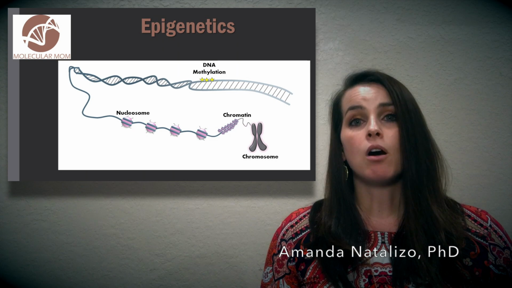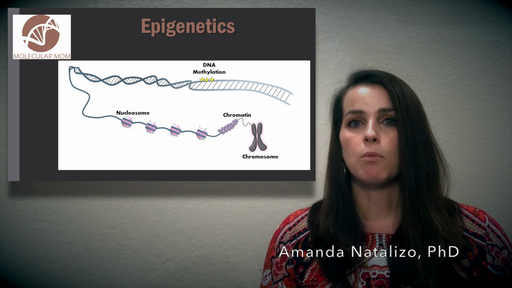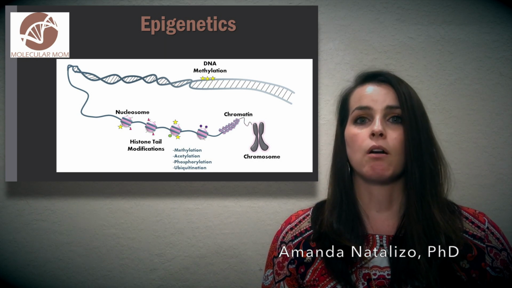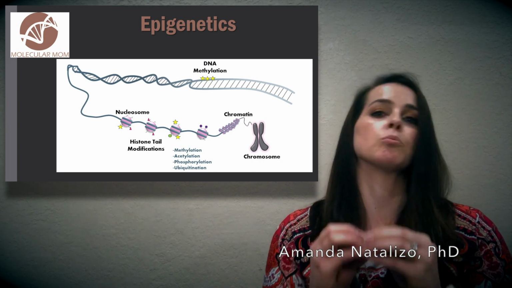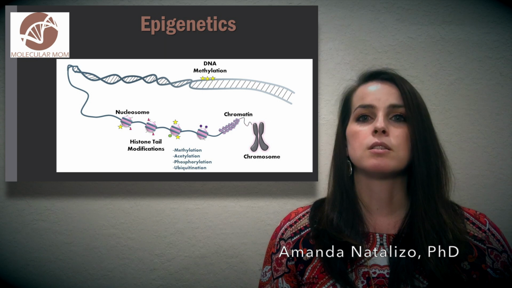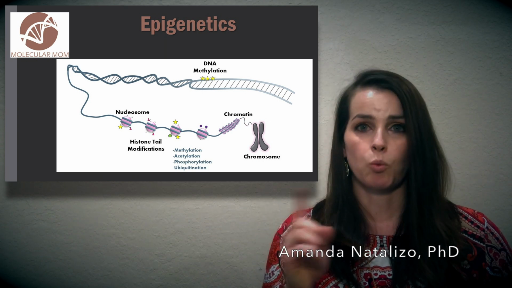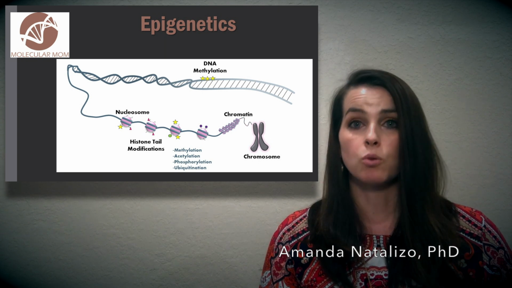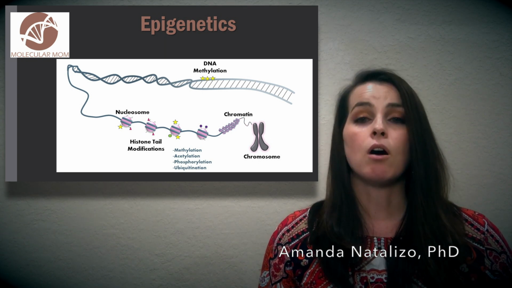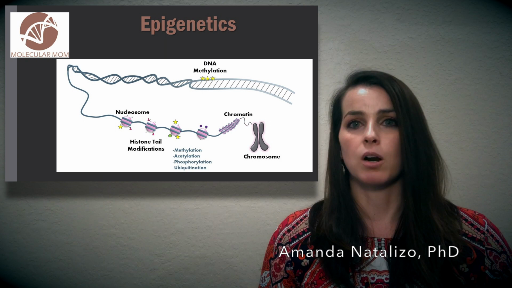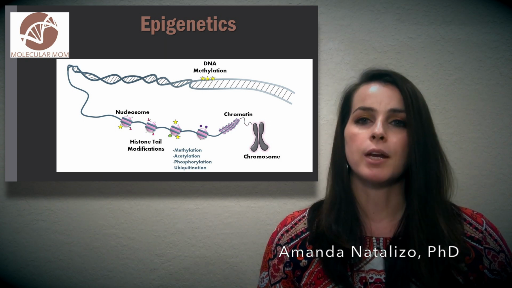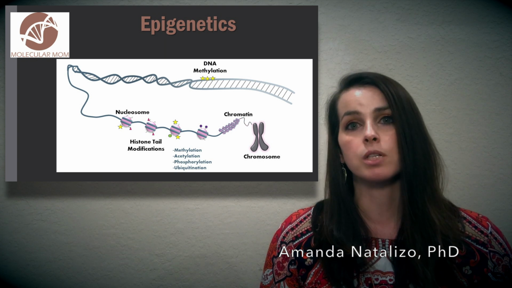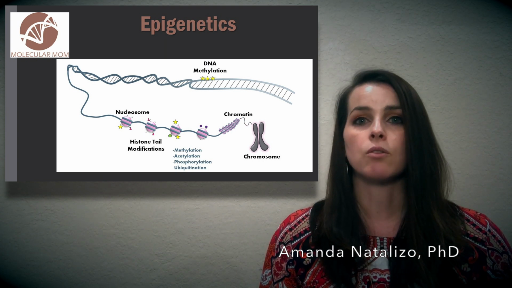But there are also epigenetic changes or marks that aren't necessarily on the DNA themselves, but are on these core histone proteins. The histone proteins that the DNA is wound around have their own tails, and those tails can also be modified. There are chemical changes on those tails, just like there are chemical changes that can occur to the DNA itself.